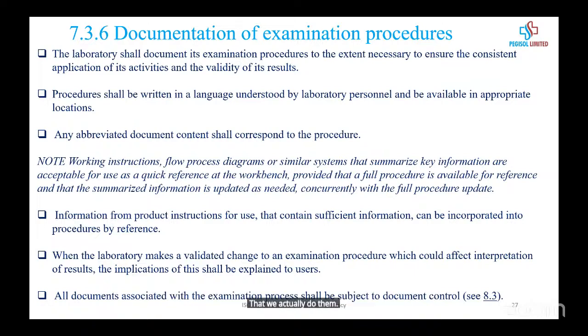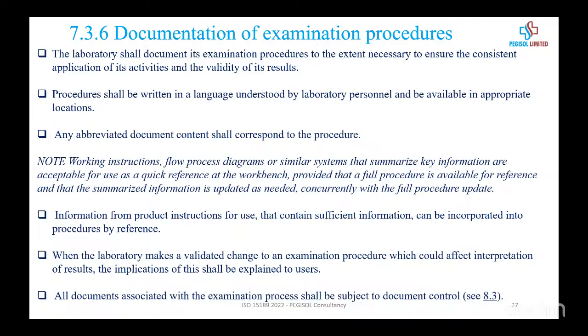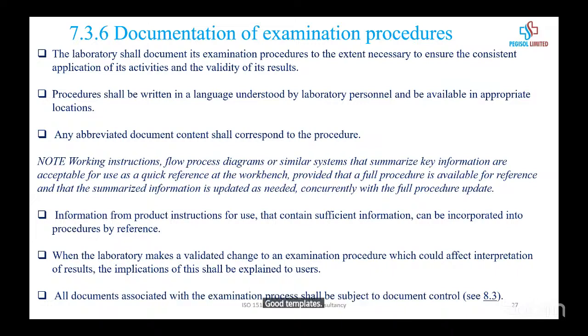So this is the demand of quality: that you create documents, create procedures, create templates, and document on those templates to have the appropriate record, and check if those things are actually meeting the necessary need of the demand. So we check for effectiveness of what is being done.